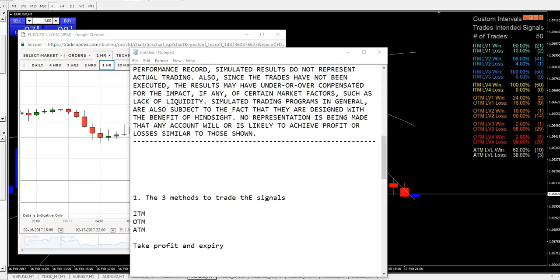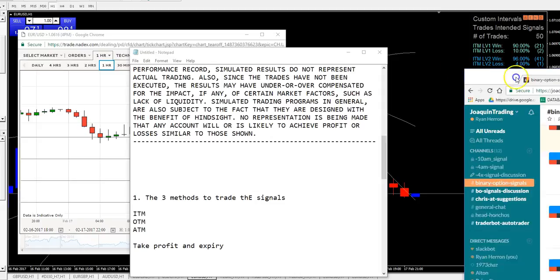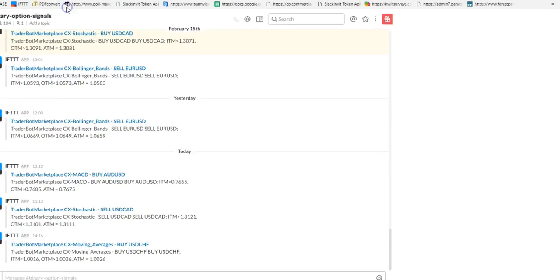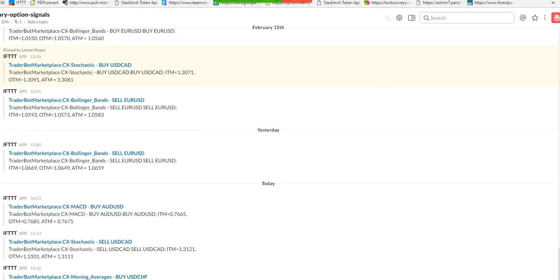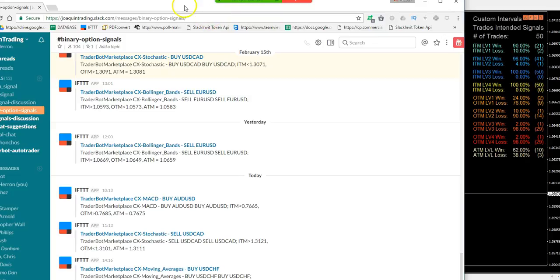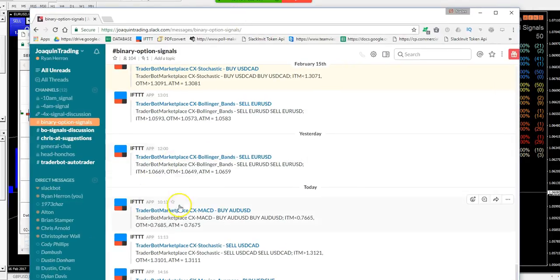Let me show you what the binary option signals look like real quick. Here they are. This is what they look like. Right here, I'm going to be taking a screenshot, and we will be looking at each one. The three signals today, I think we had one in the money loss and two in the money wins.